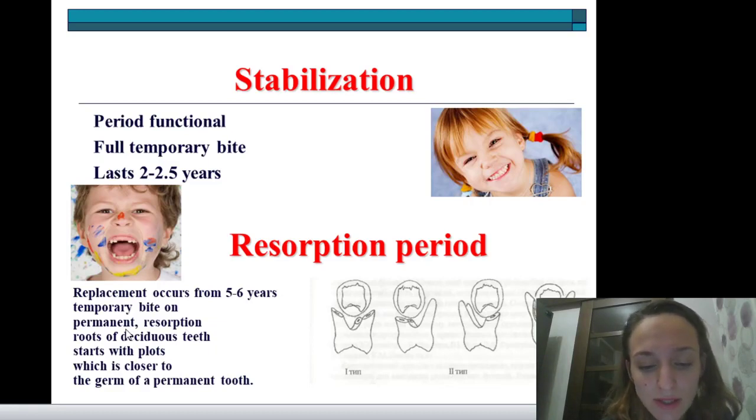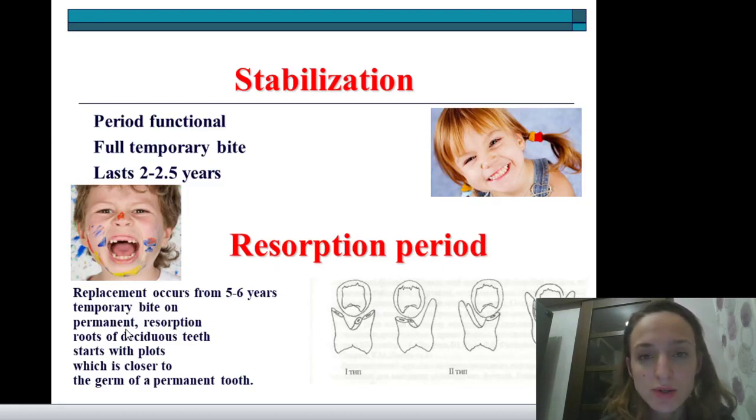Maintenance of adequate spacing and arch continuity for the emergence of permanent teeth is one of the most important functions of primary teeth. The primary teeth also stimulate the growth of the jaws through mastication, especially in the development of the height and width of the dental arch.